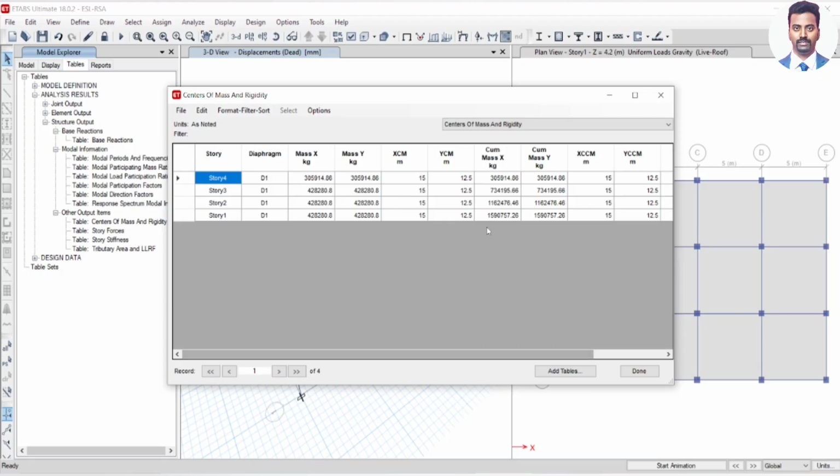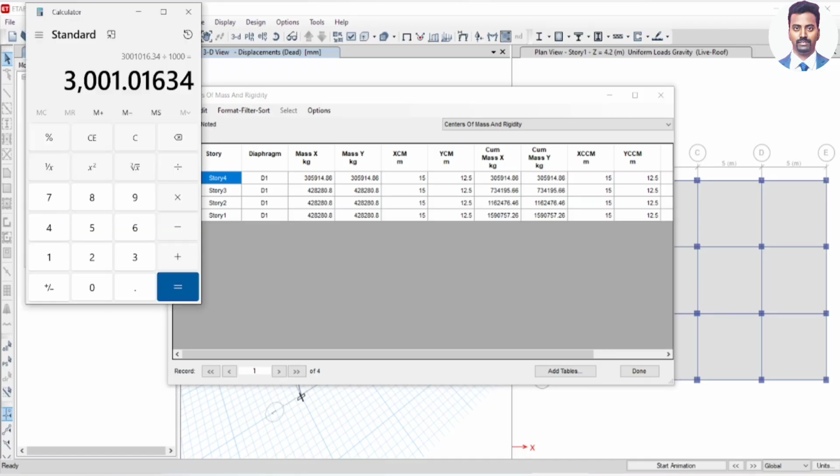And this is the total mass, cumulative mass. Here you can see 15,90,757. This is in terms of kg. You can multiply by 9.81 divided by 1000. You are getting 15,605.